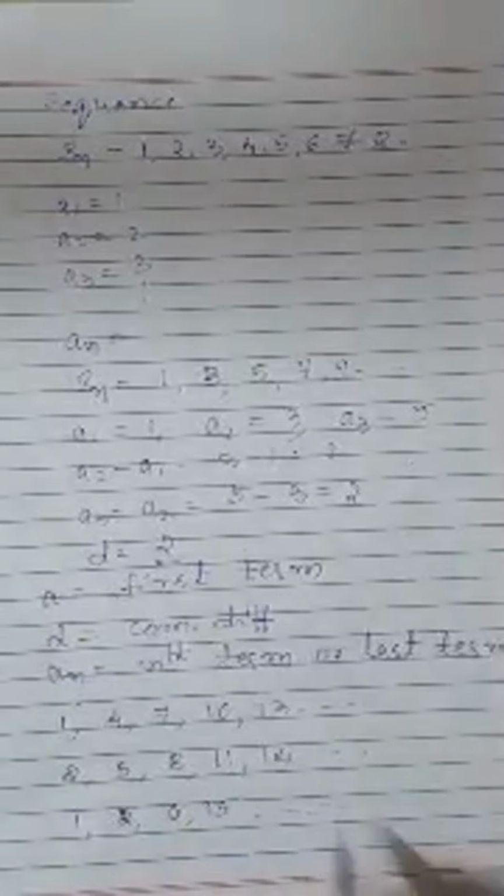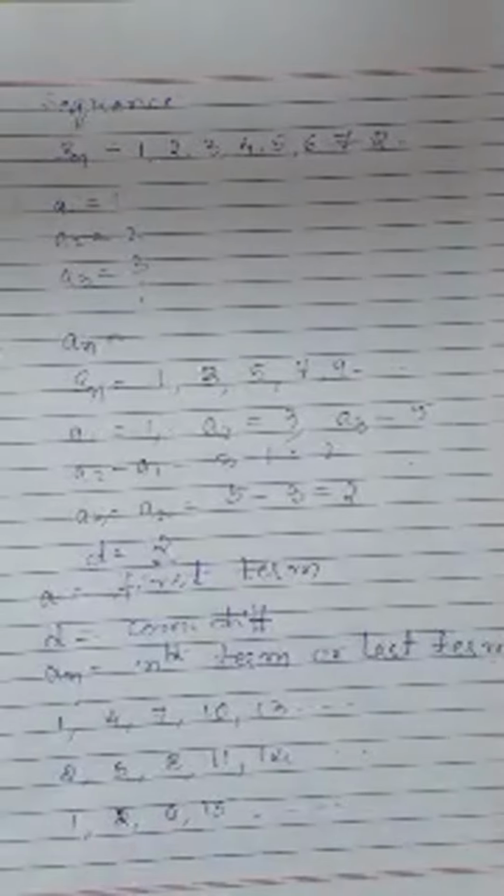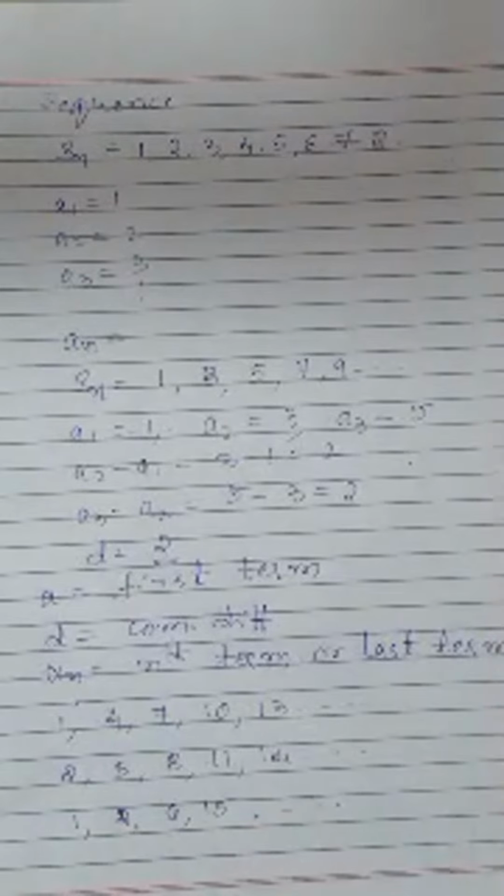And so on. Here it never forms a progression, it forms just a sequence. Here the common difference is not the same. So we cannot call this an arithmetic progression, just simply a sequence.